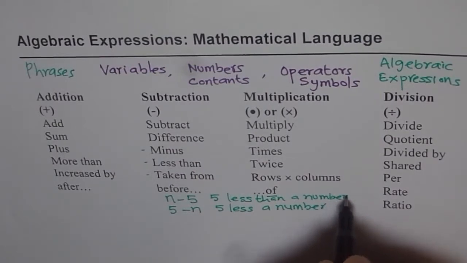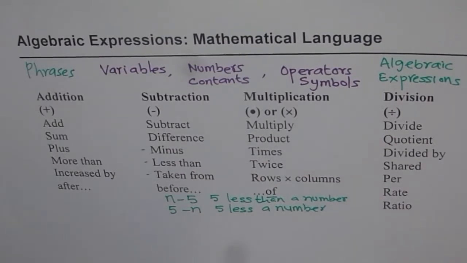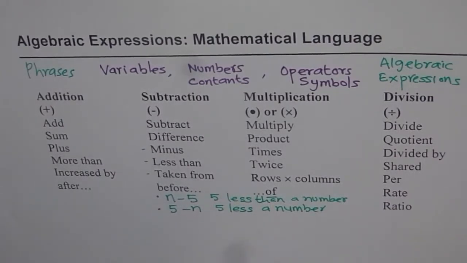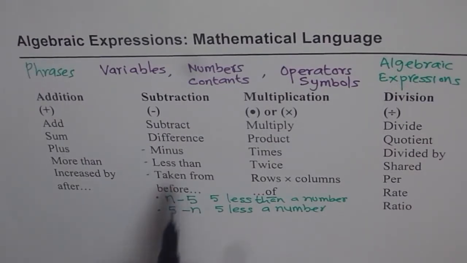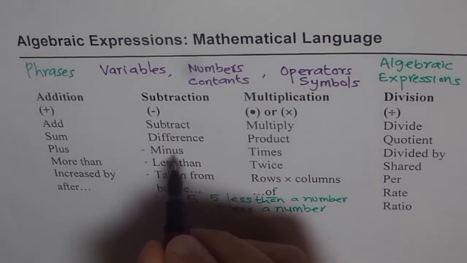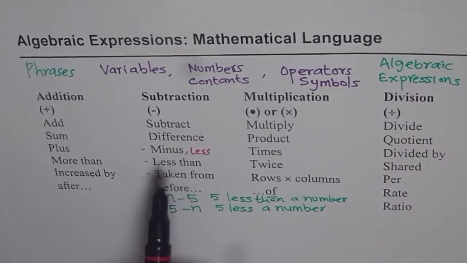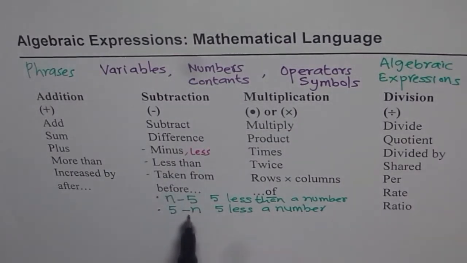I'm taking this up again since I feel that on this particular topic, every time students make one mistake, though the rest they all get right. So it is about using the word less than, or minus, or less. If I use the word minus, then you just minus, right?